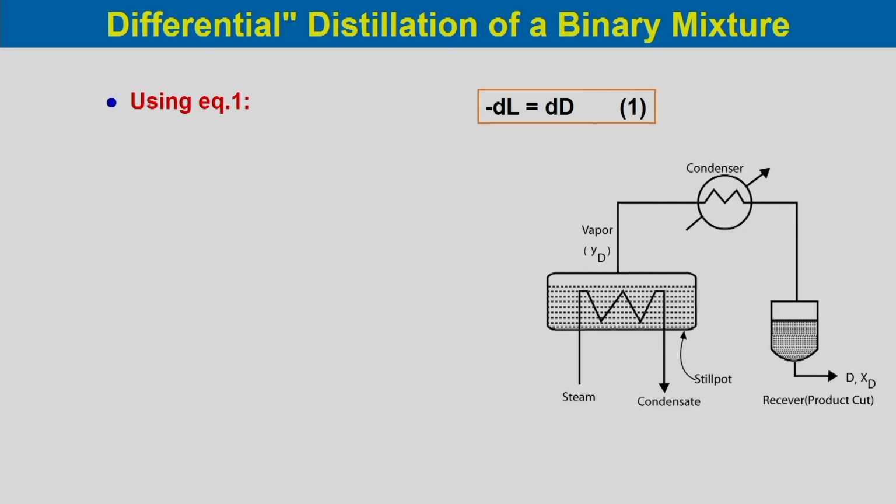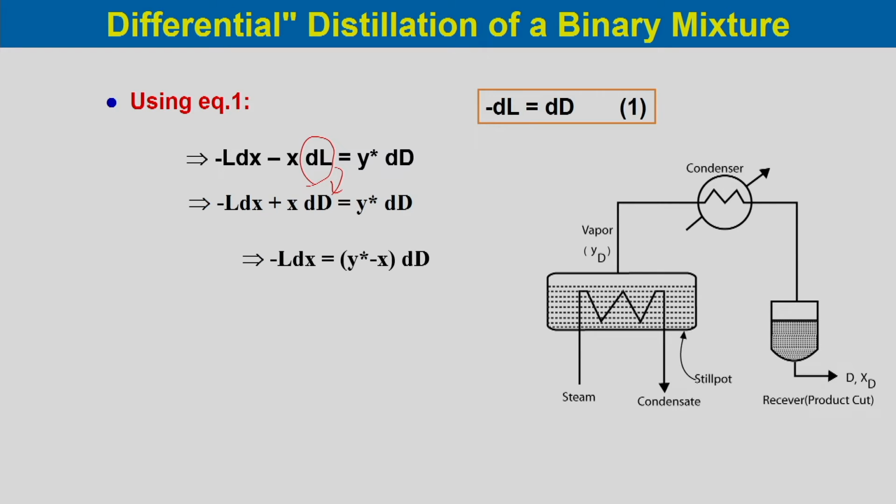Now, this is the material balance equation, equation 1, and this is the species balance equation, the component balance equation. If we substitute dL with minus dD, it will be minus L dx plus x dD would be equal to y star dD.